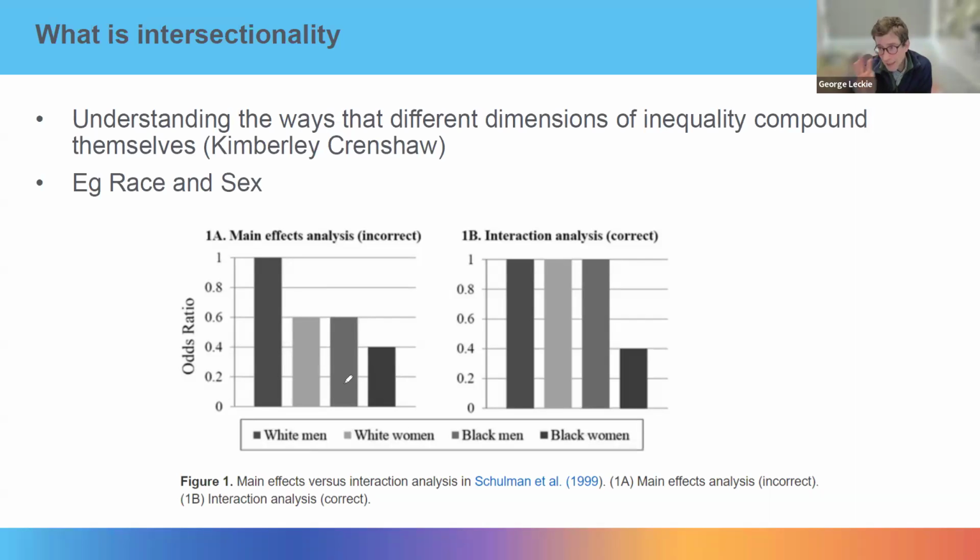Really, it was only Black women who had distinctly different outcomes from the other three groups, which is the plot on the right, whereas the simpler analysis would be misleading because it would suggest that white women had different experiences from white men, and that Black men had different experiences from white men, when that was not the case. A more nuanced analysis would allow for that.